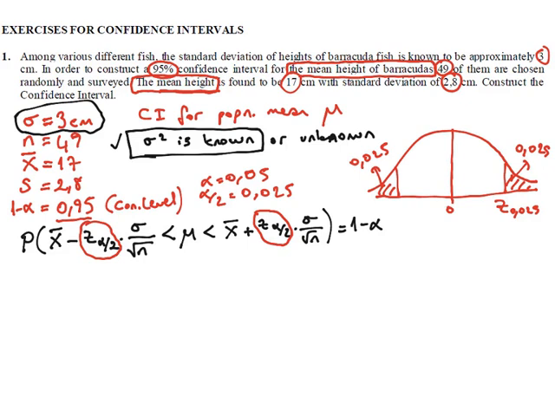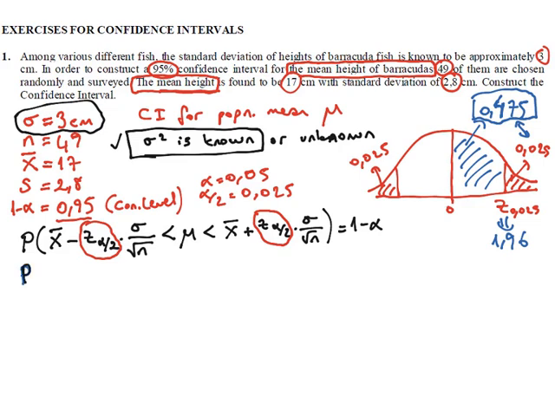First, you need to find this area, which is 0.475, because the total of these two should be equal to 0.5. So when I look at the table and find this value inside the table, I can say that this value is 1.96.